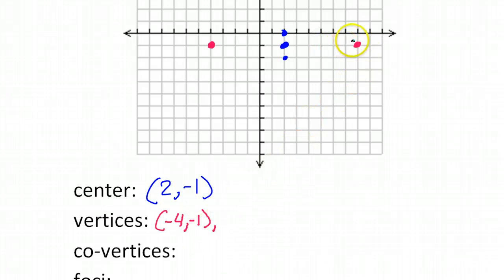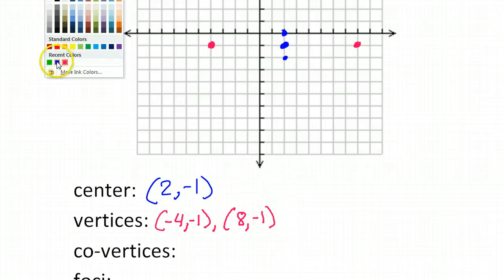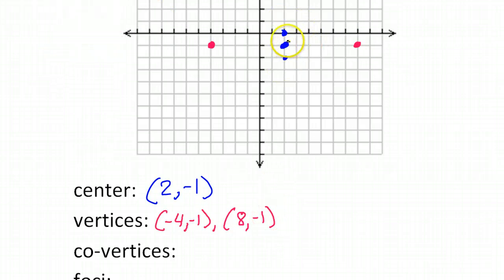The one on the right here is 8, comma, -1. Now the co-vertices shown here in blue are the points 2, comma, 0, and 2, comma, -2.